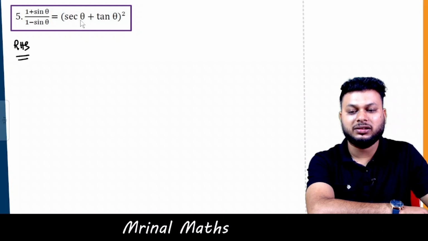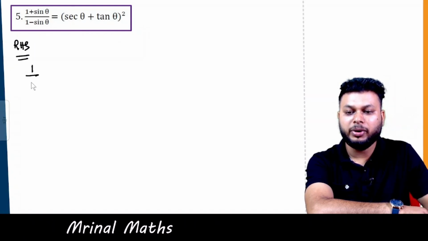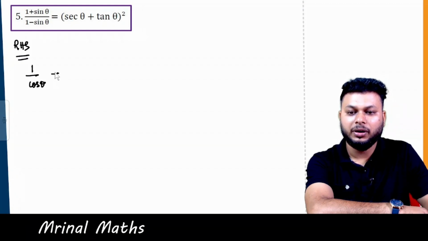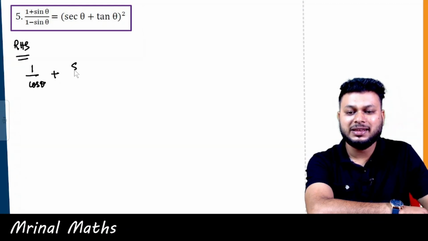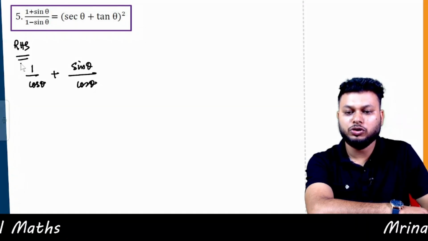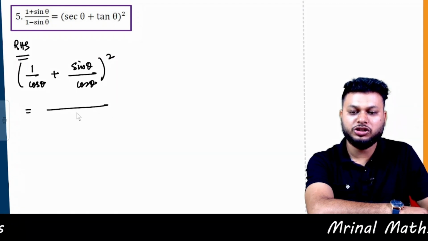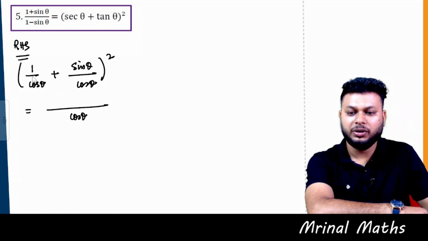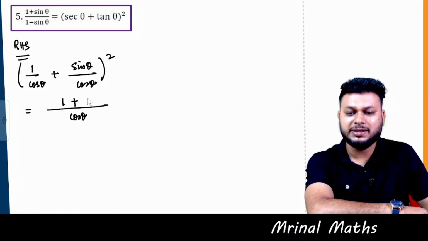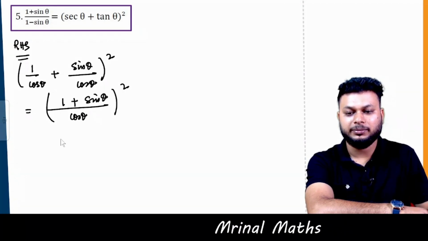Here we have sec θ, and we know sec θ is equal to 1 by cos θ, and tan θ can be written as sin θ by cos θ, whole square. Here taking the LCM, which is cos θ, here you have (1 + sin θ) whole square.